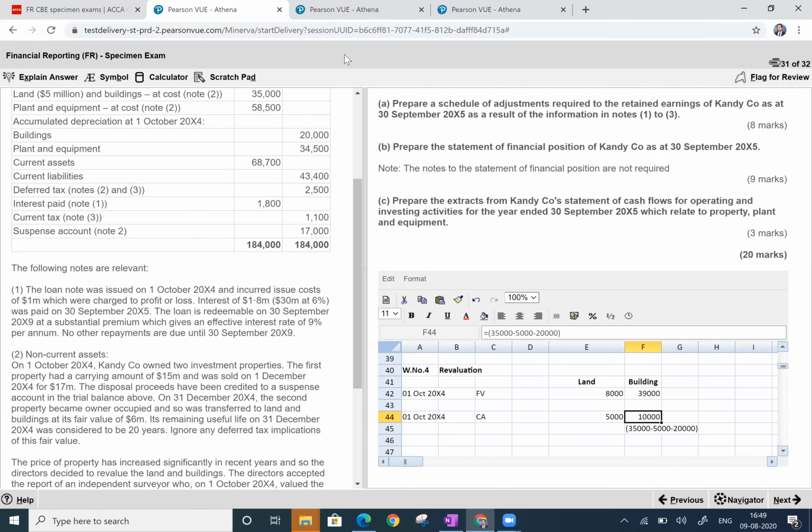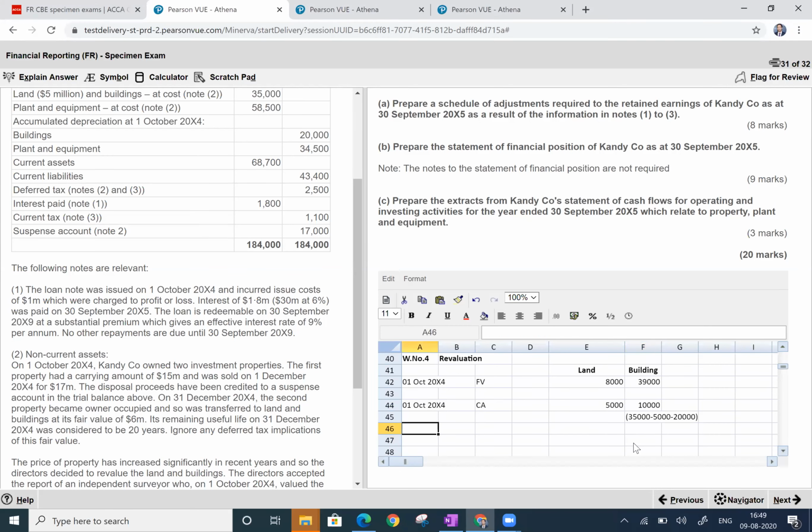Okay, moving forward. So how much is the total gain on revaluation? Building it is 29 and the other one it is 3,000. So the total gain will be 32,000. So how much is the revaluation surplus on 1st October X4?